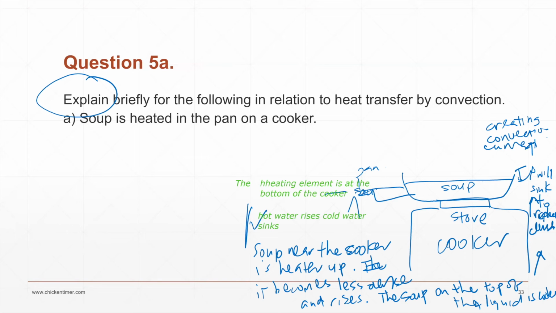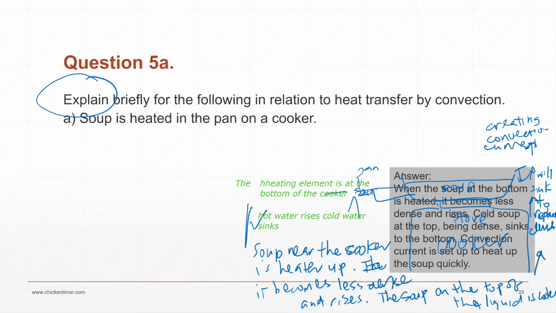So it goes in 2 to 3 steps, the explanation. So when the soup at the bottom is heated, it becomes less dense and rises. Cold soup at the top, being denser, will sink to the bottom. Convection current is set up in the soup quickly. Something like that.